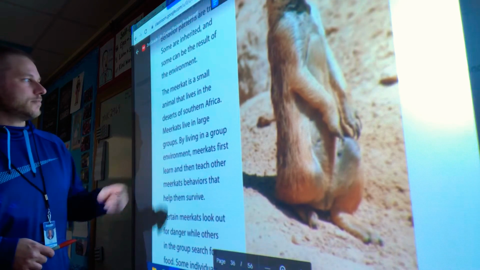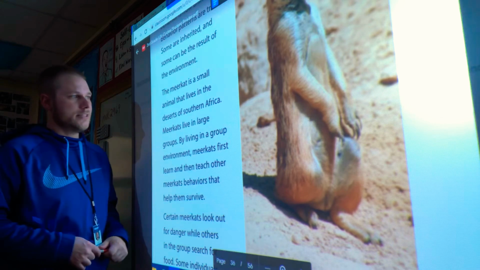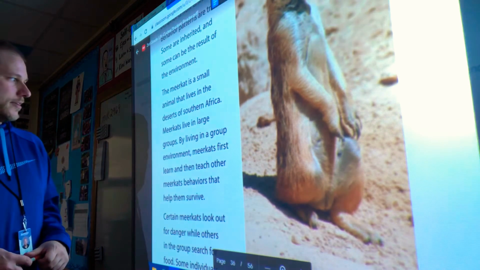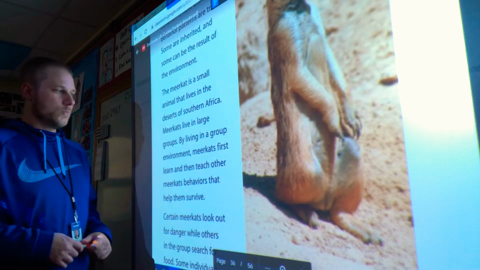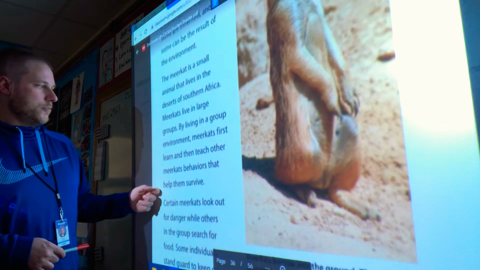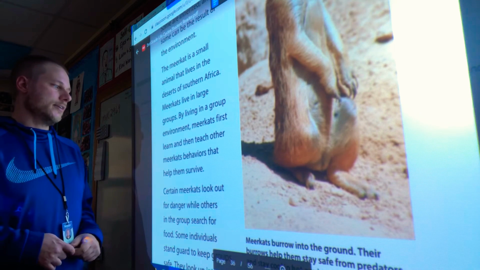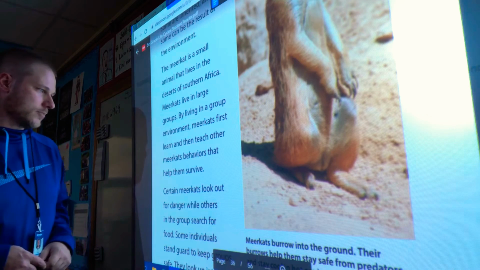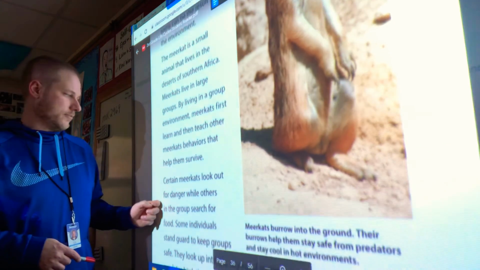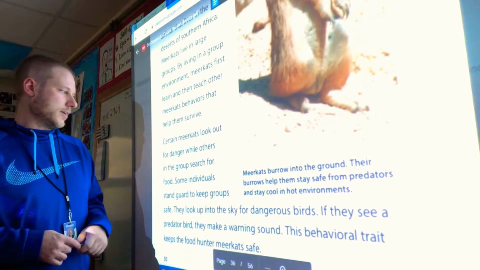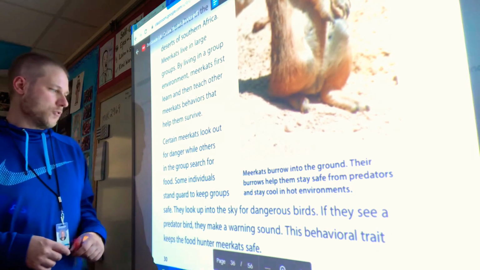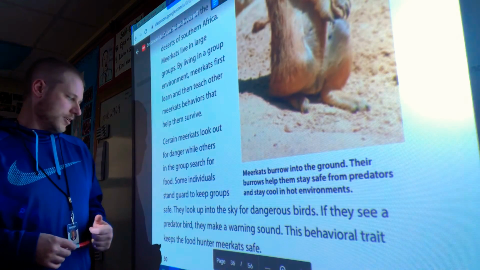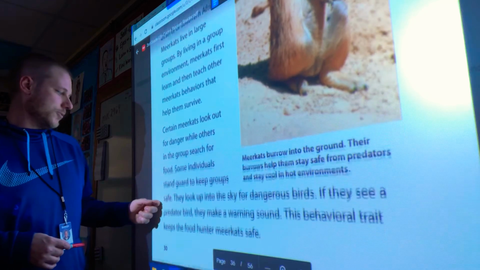A meerkat is a small animal that lives in the deserts of southern Africa. Meerkats live in large groups. By living in a group environment, meerkats first learn and then teach other meerkats behaviors that help them survive. Certain meerkats look out for danger while others in the group search for food. Some individuals stand guard to keep the group safe.